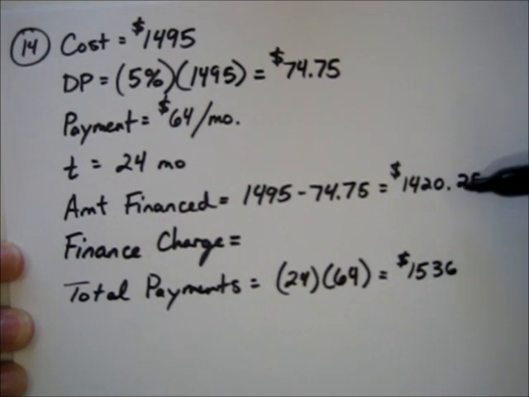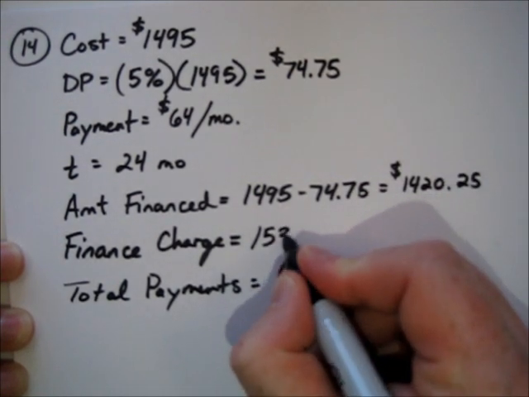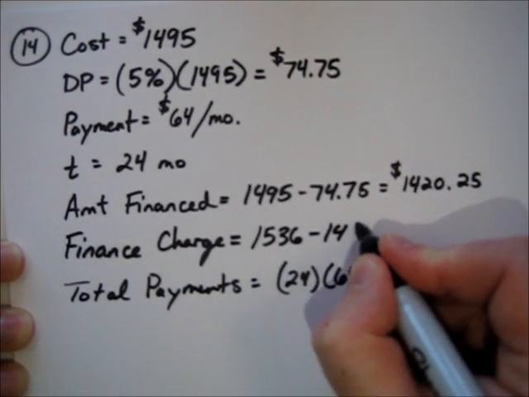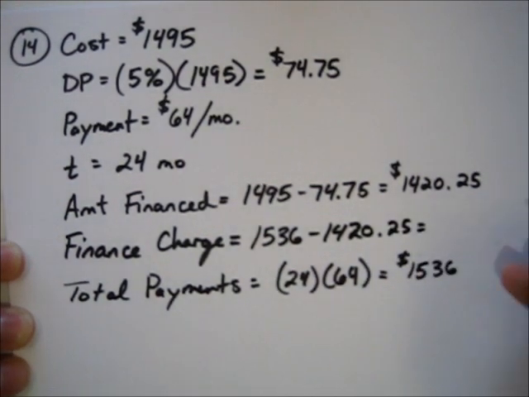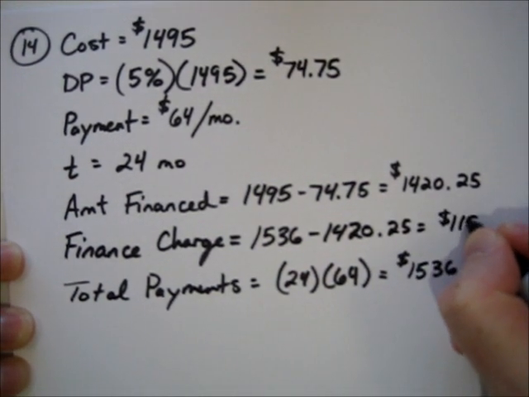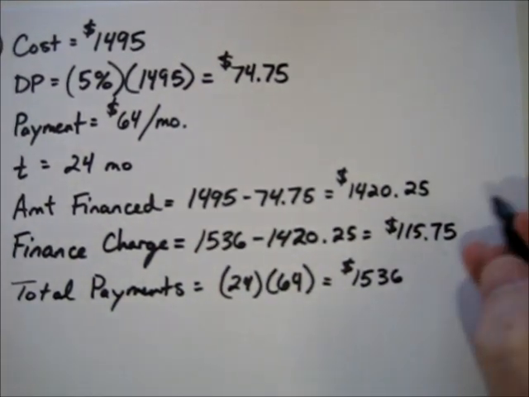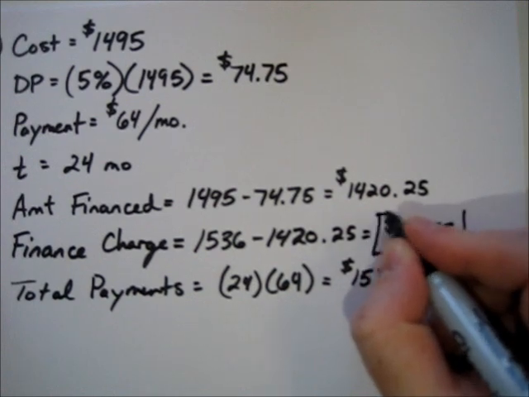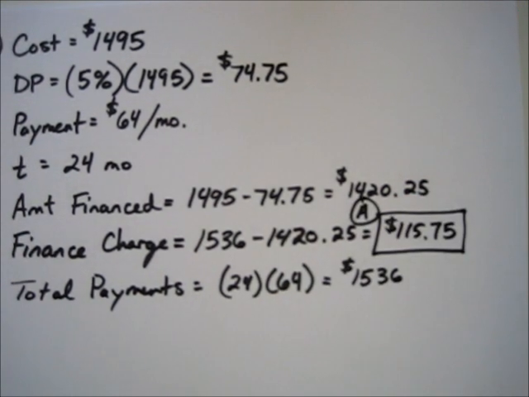So the finance charge is the difference between those. $1,536 minus $1,420.25, which is $115.75. And that's the answer to part A.